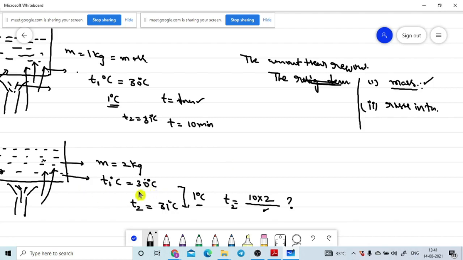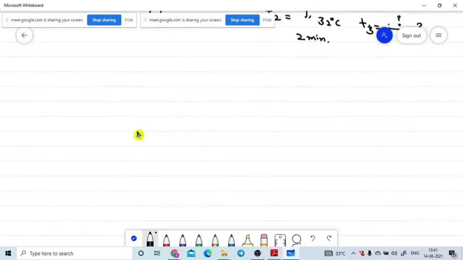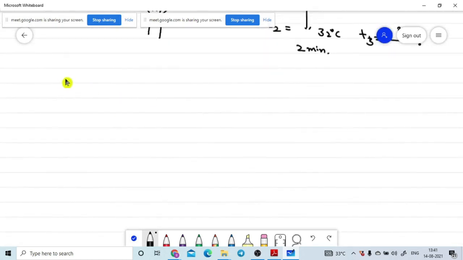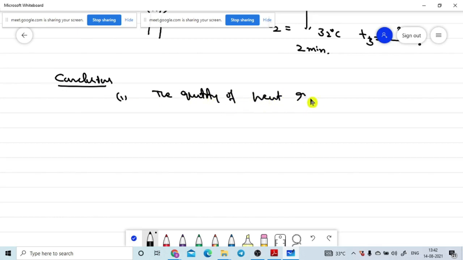So the final conclusions we are deriving from this experiment are here: the quantity of heat required to raise or cool the temperature.